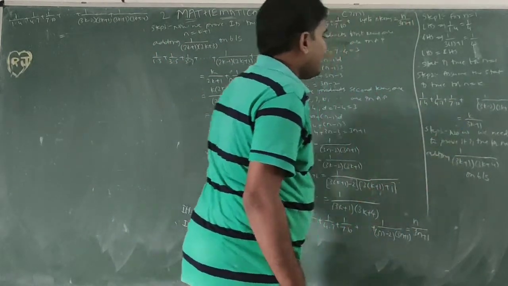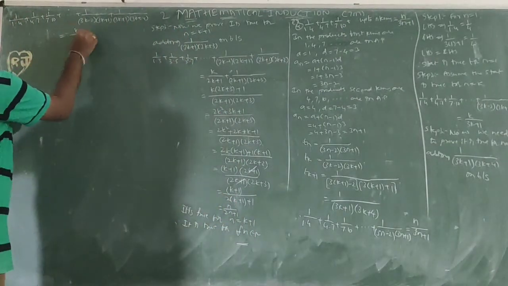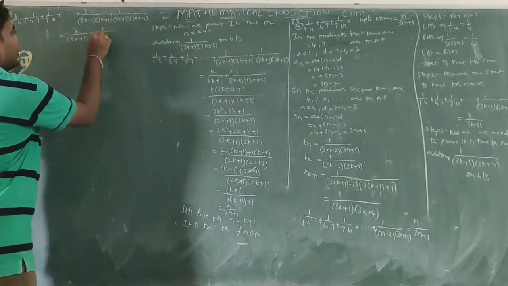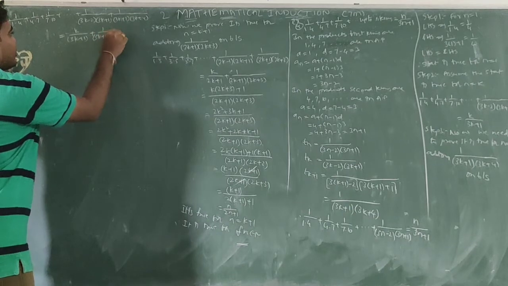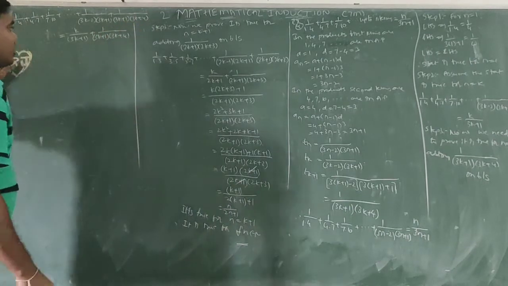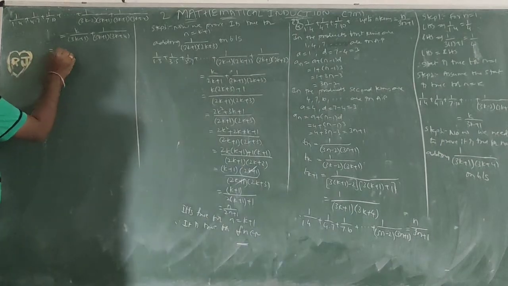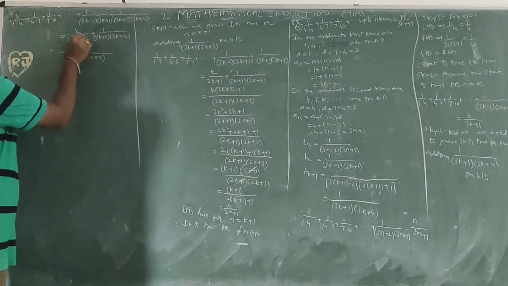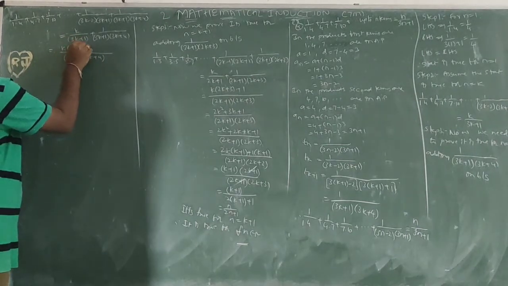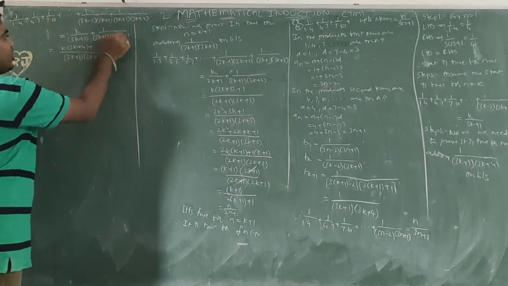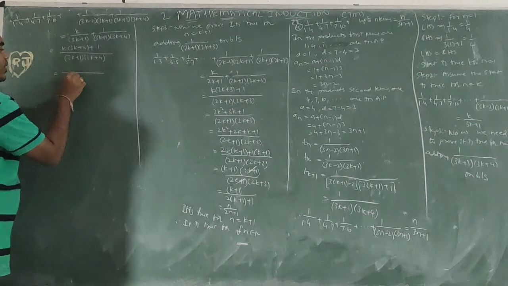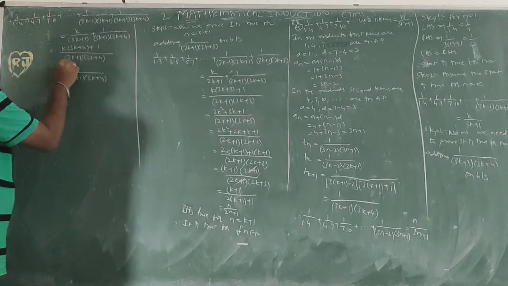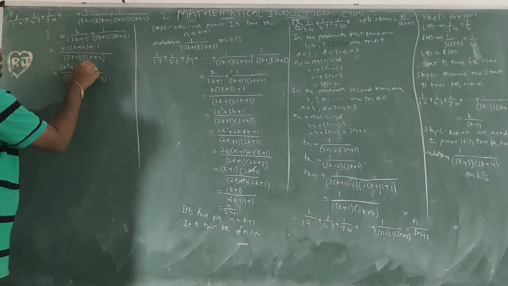Now the right side: k by 3k plus 1 plus the same 1 by (3k plus 1)(3k plus 4). Simplifying with the common denominator (3k plus 1)(3k plus 4), we get k into 3k, 3k square, k into 4, 4k, plus 1.